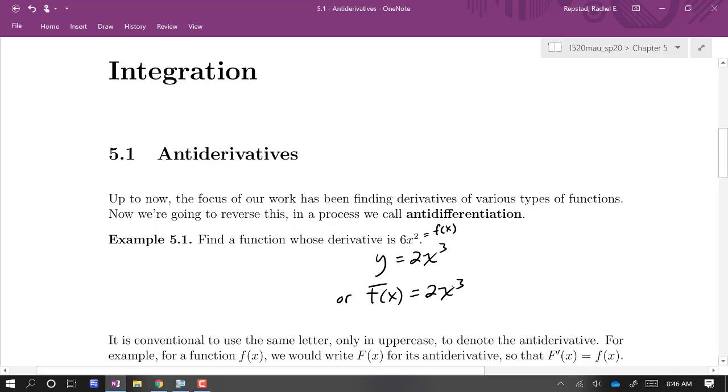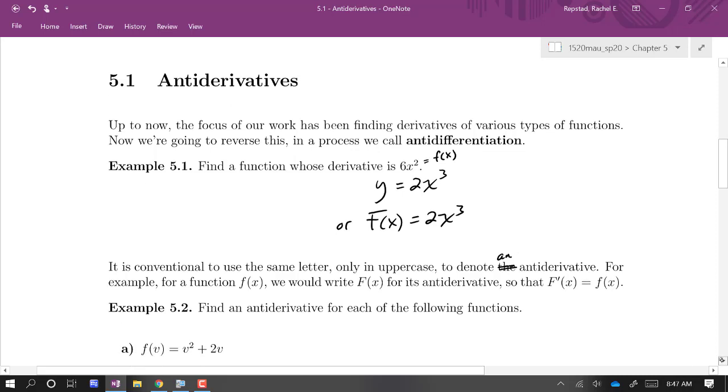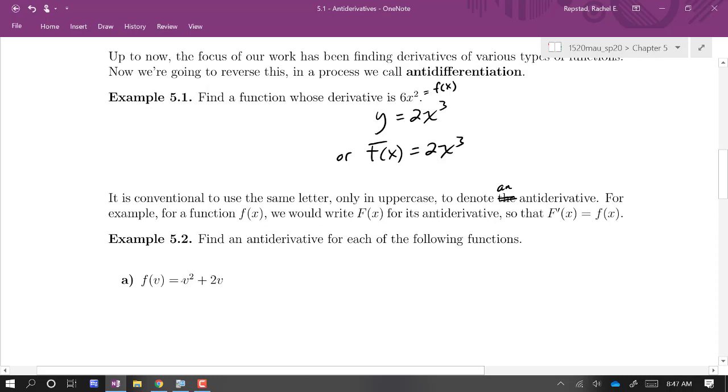We call this an antiderivative of the function 6x squared. I should be careful to say that it is an antiderivative, not necessarily the antiderivative. We could find an antiderivative for lots of functions.